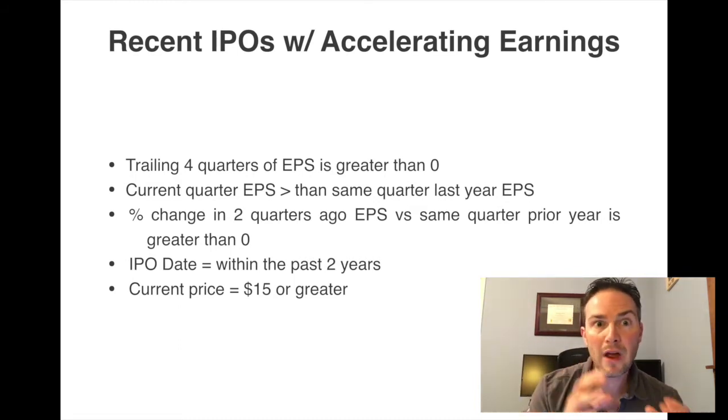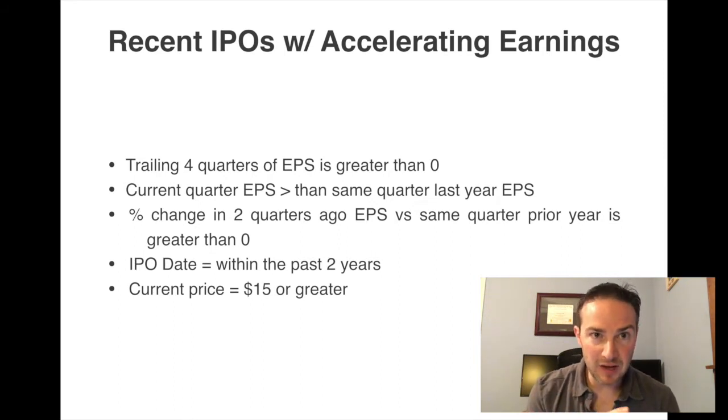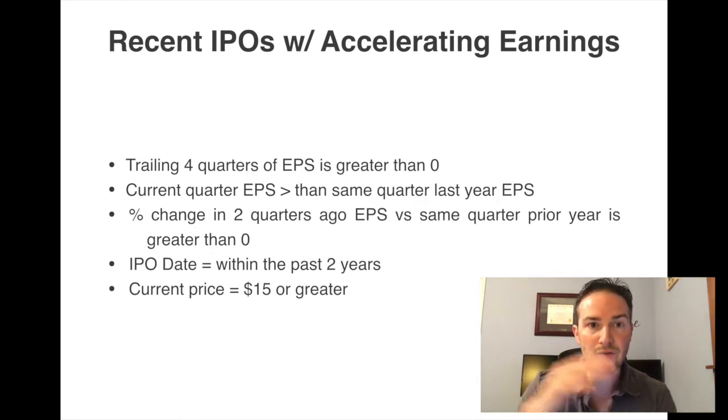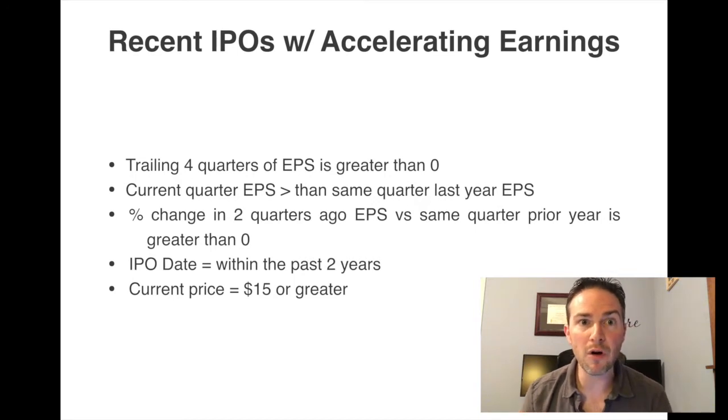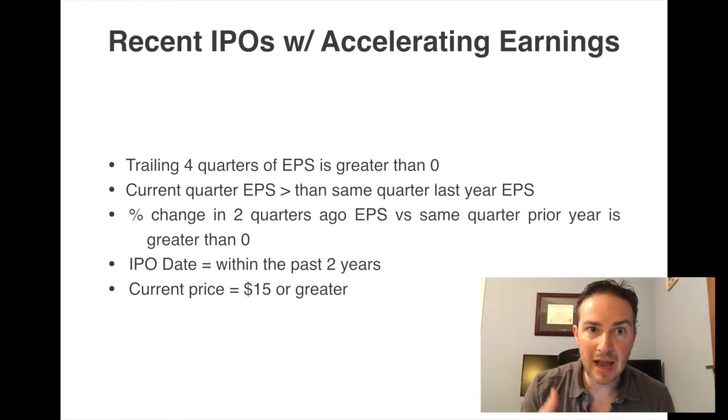So when a stock is trading at $15 or greater, we'll typically see an increase in the volume of shares traded in that stock. And that's something that's going to help us because the more funds that are piling into the stock that we're interested in, the greater the demand can be and the further that it can run.